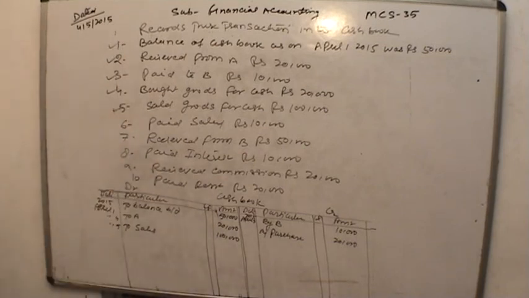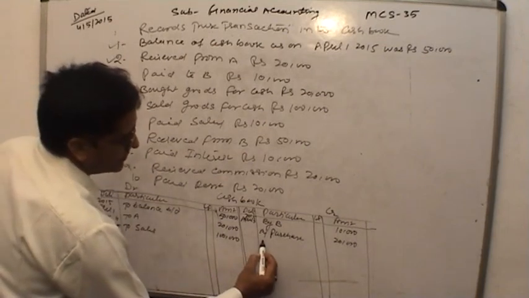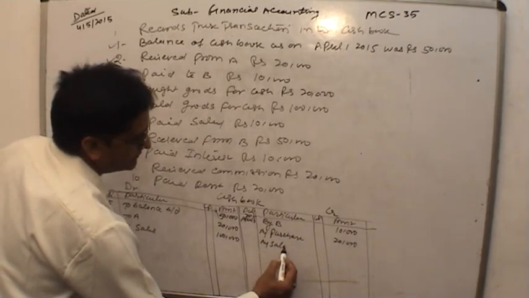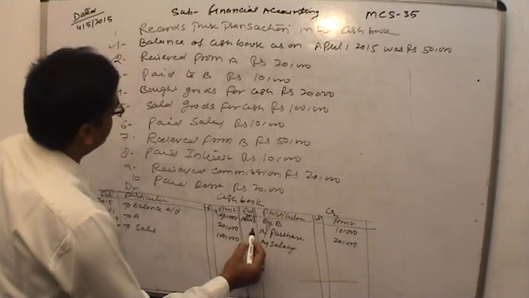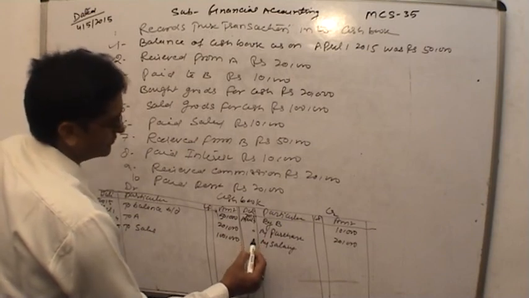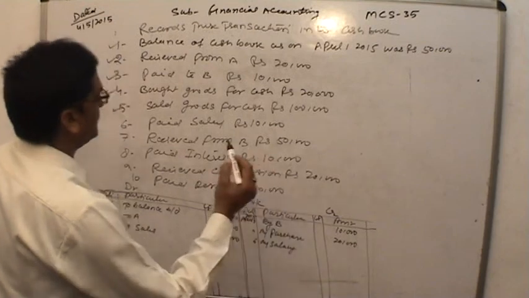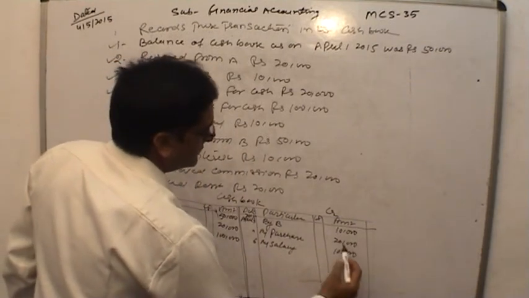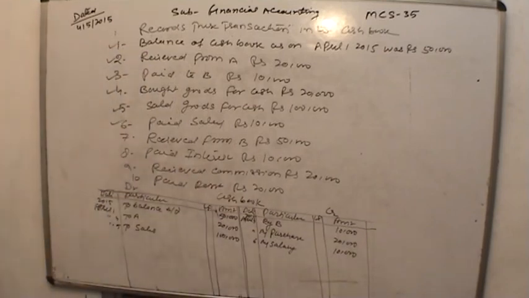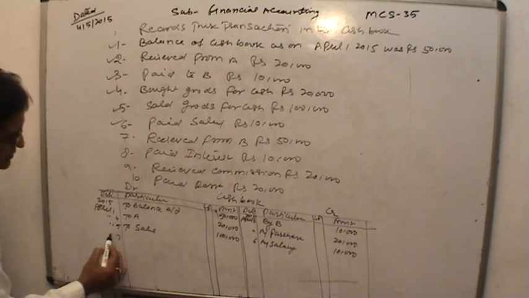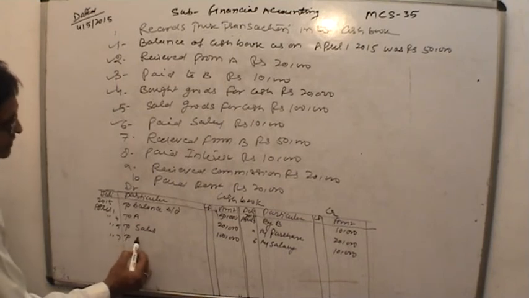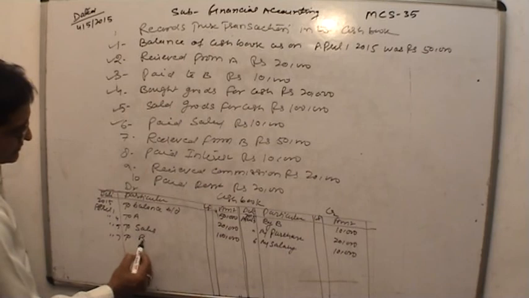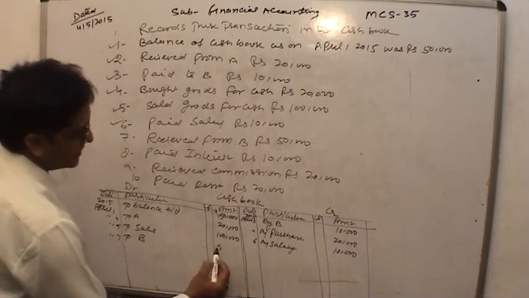Then paid salary rupees 10,000, by salary rupees 10,000. Then received from B rupees 50,000 on 7th of April, to B rupees 50,000.